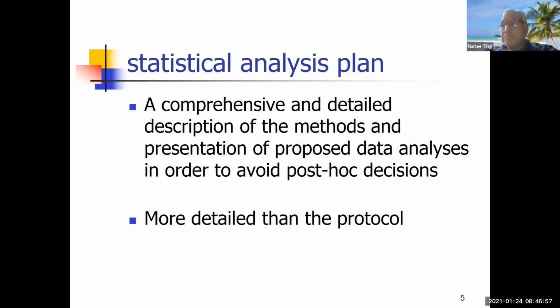Now, still, in the SAP, the key concern is alpha protection, all right? Your SAP can be very fancy, but if the SAP does not protect alpha, it's a piece of junk, okay? So in the SAP, you have to be very clear about how the alpha is protected.